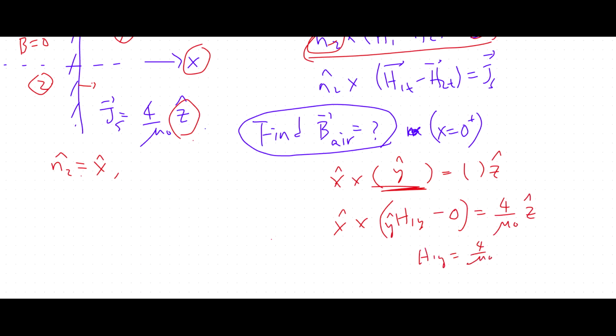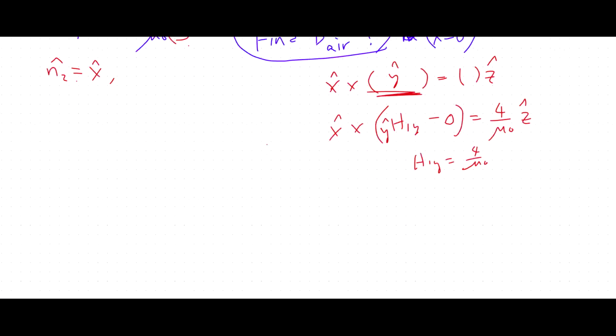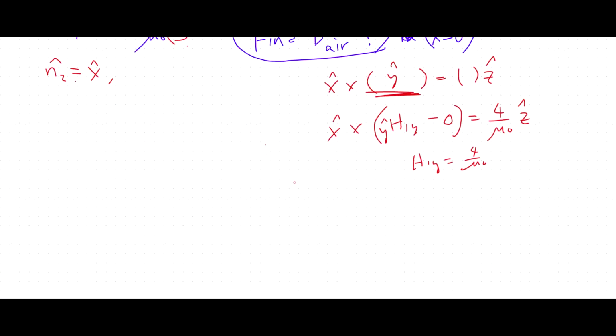So what is B1Y? Because I'm asking for B. B is H over mu. So that means B1Y. Oh, did I have it the other way? I think B is mu. B is equal to. No, B is mu H. Yeah, I have it the other way.